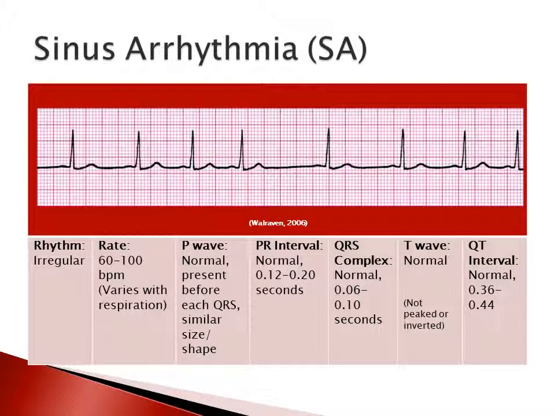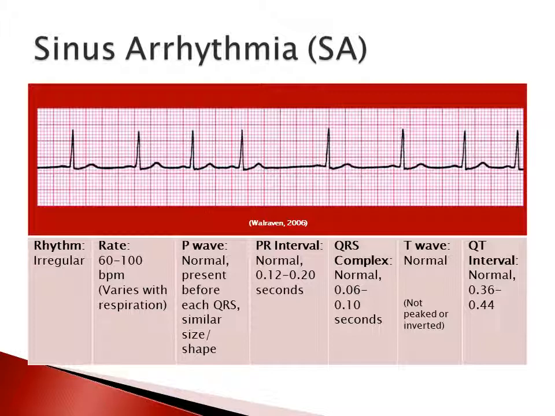When we calculate the rate, we know we're multiplying the number of QRS complexes times 10. And we have 8 QRS complexes here, so our rate is 80 beats per minute. So it's not a bradycardic heart rate and it's not tachycardic, but it does appear that something's happening to make the heart beat faster and then slower in a pattern formation, and sinus arrhythmia does in fact vary with respiration.